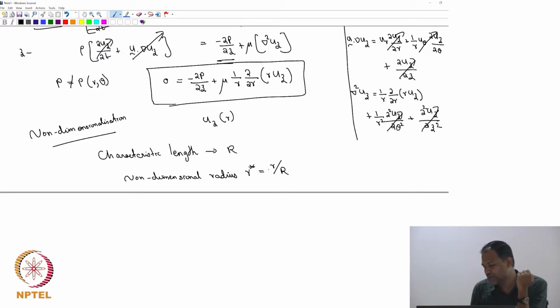This small r was our original radius, which had the dimensions of length. We have divided it by the pipe radius, and we have gotten an R star which would now vary from 0 to 1. That is another good thing about non-dimensionalization. You have gotten rid of the length and things are going to change between 0 and 1.